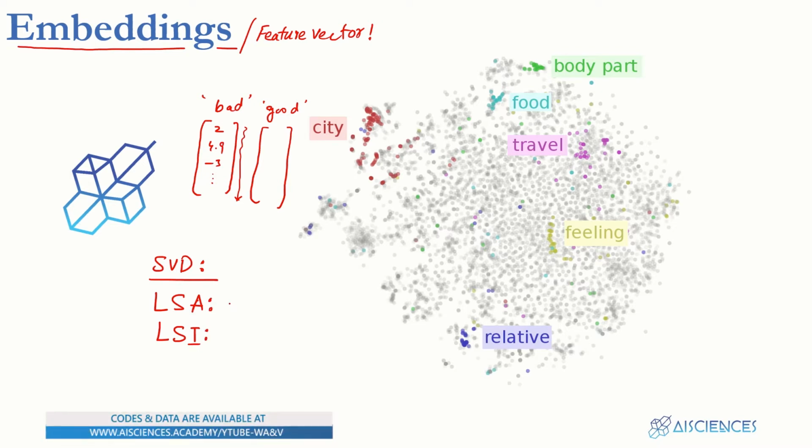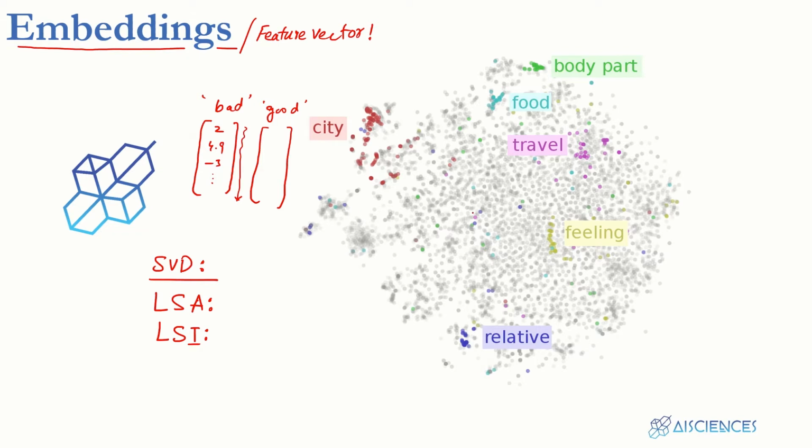But other embeddings also exist. Some very famous embeddings are word2vec, GloVe, fastText, and there are some dynamic embeddings as well, like BERT and so on. But at the end of the day, each word is represented by a vector of numbers in a space. We say the words are being embedded in a space.